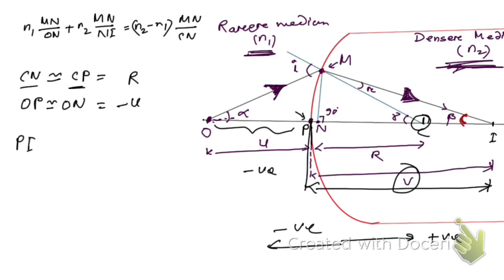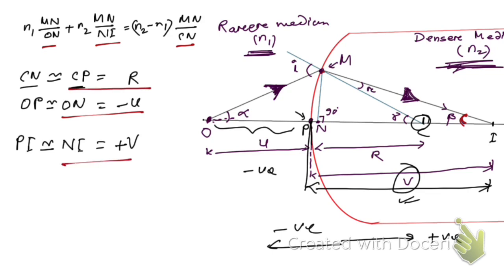So PI is approximately equal to NI, since P and N are very close, so again plus V. This is the image distance. So here you can replace ON, NI and CN by these values.